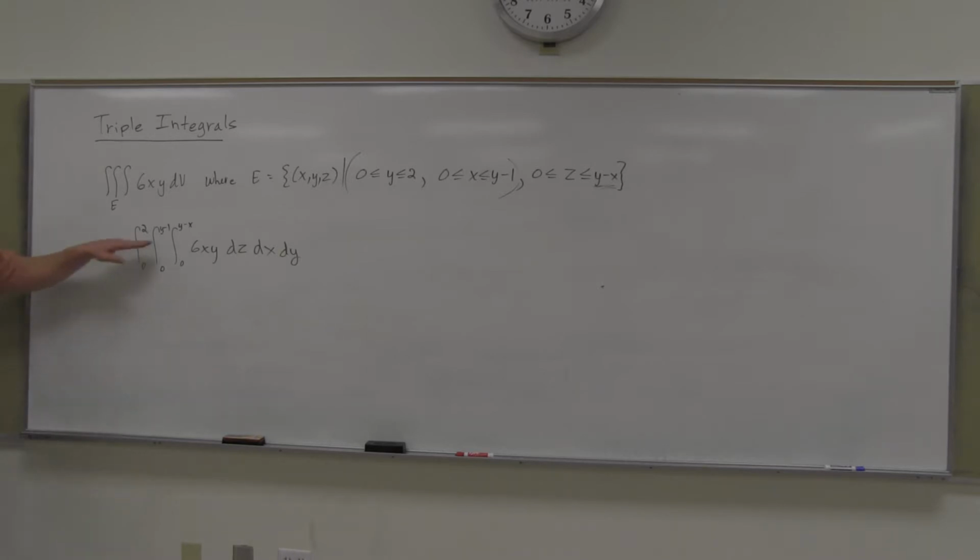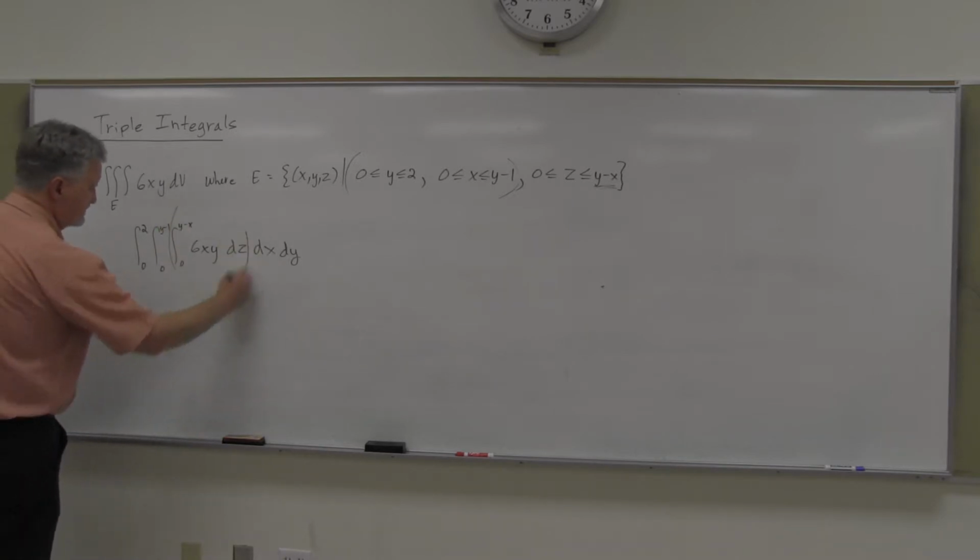So now we've got a triple integral, but the upper limits are not constant numbers, so it's a little bit more complicated. It doesn't take much to get it. Most of the ones we do are just kind of lengthy, so let's work our way through it.